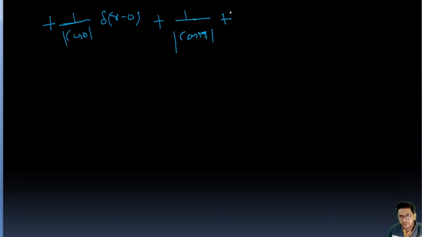Plus, now we'll put n equal to plus 2. This is going to be 1 upon cos 2 pi, mod, and delta x minus 2 pi.